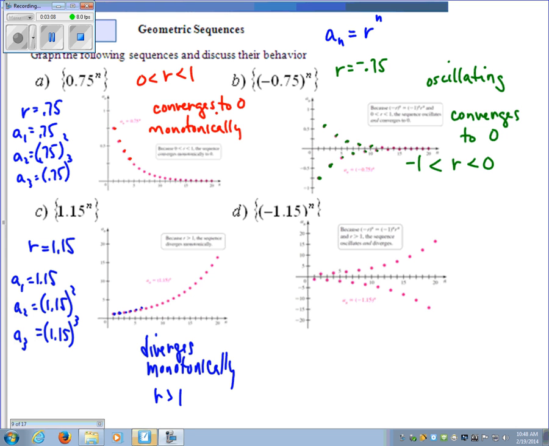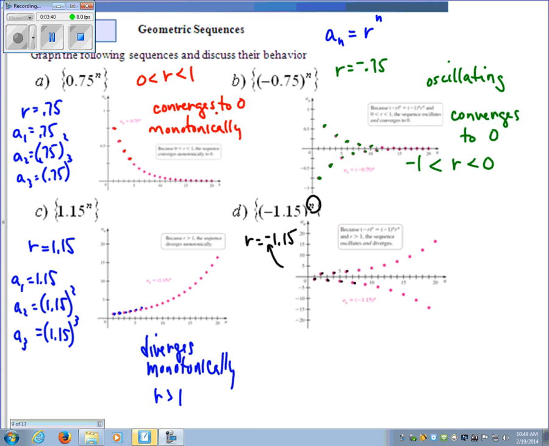Okay, and the next one, we have that the r is a negative 1.15. So not only are we taking the absolute value of the number before it and multiplying it by 1.15 and making it larger in quantity, we have this oscillation going on. So every other term is positive or negative depending on whether the n is an even or an odd number. We're going to start with this negative 1.15, and then we're going to have a positive number a little larger, and then another negative a little bit bigger than that.